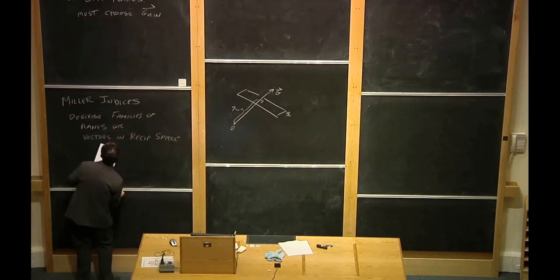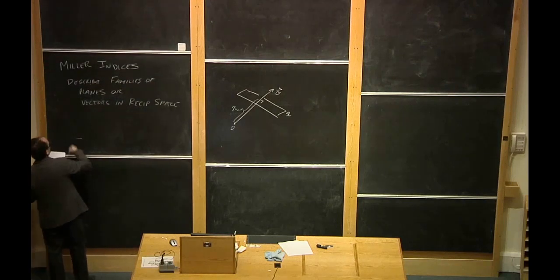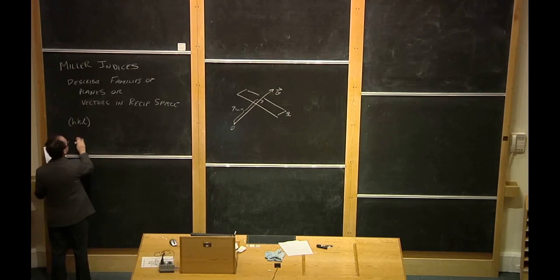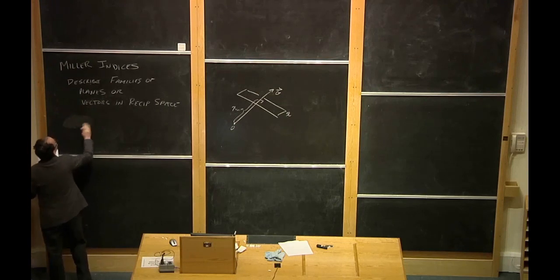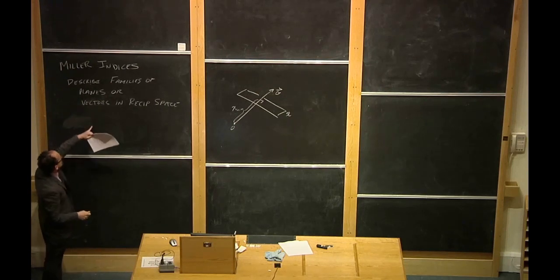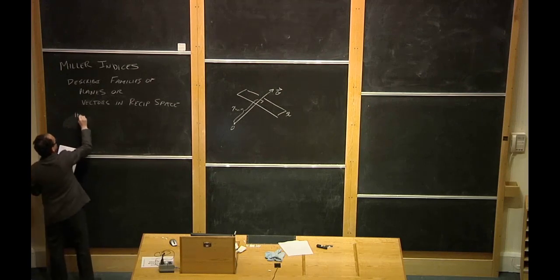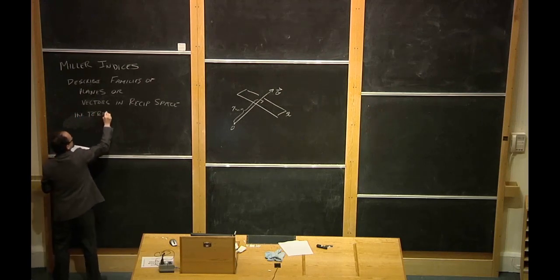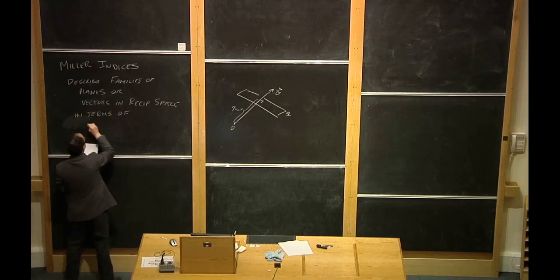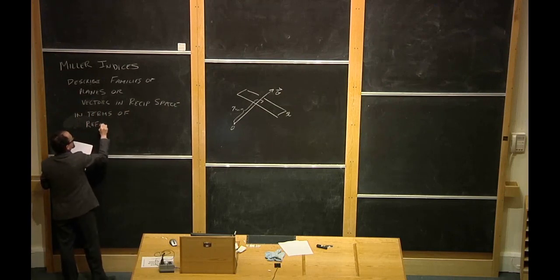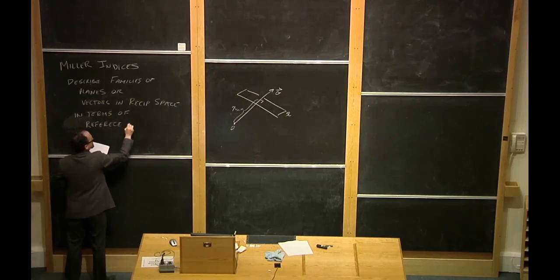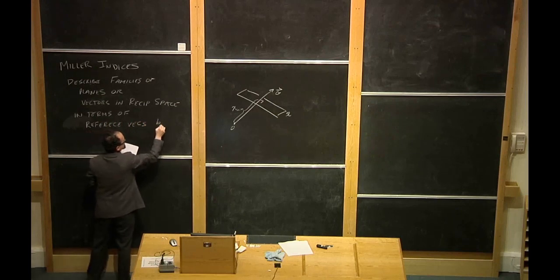The idea of a Miller index is that, before I write that, we describe families of planes or vectors in reciprocal space in terms of reference vectors b sub i.